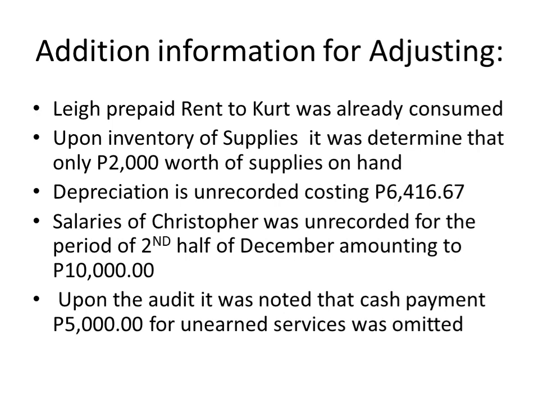Next, upon the audit, it was noted that cash payment of 5,000 for unearned service was omitted. So this is an example of our accounting error after the audit. If you remember on our adjusting video, I enumerated 4 items that are usually detected only upon the audit or year-end.